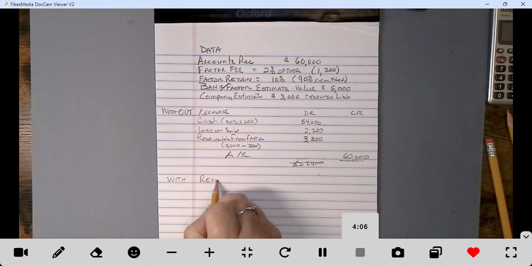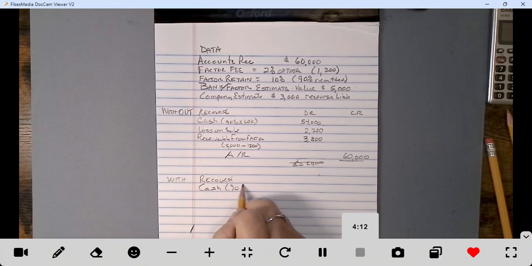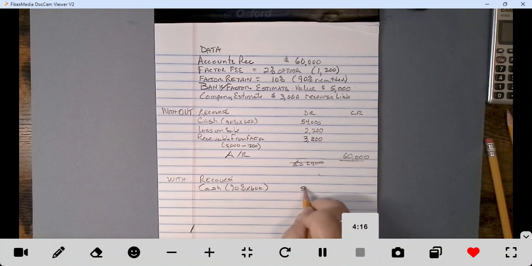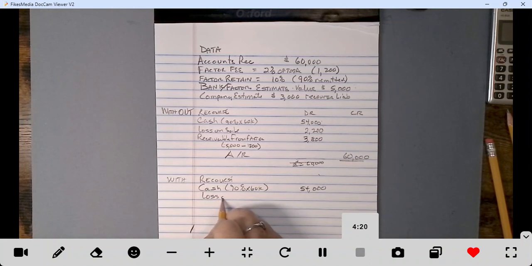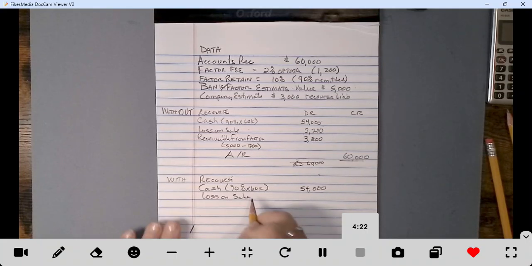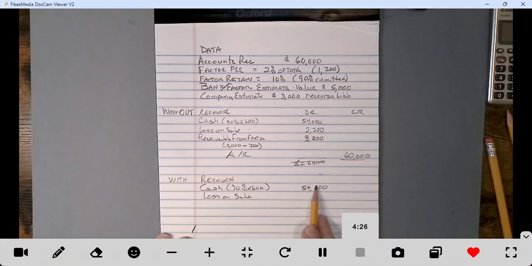Now, with recourse, cash is still the same, 90% times 60K. Loss on sale, well, we don't know what that is, so we'll leave that blank. Just pull it in our drop down. And then we have a receivable from factor.